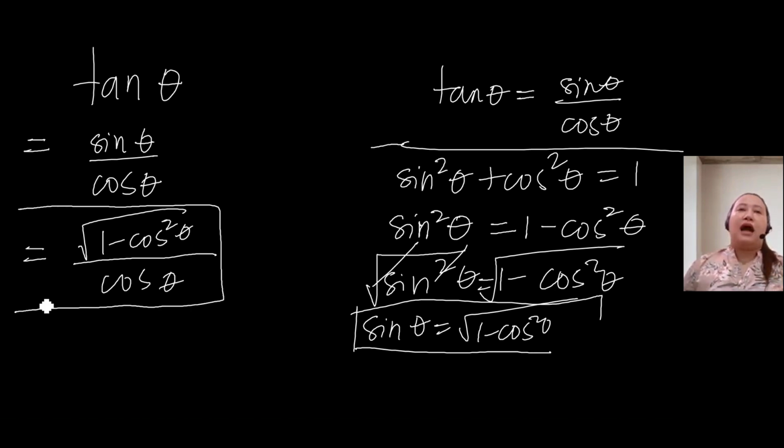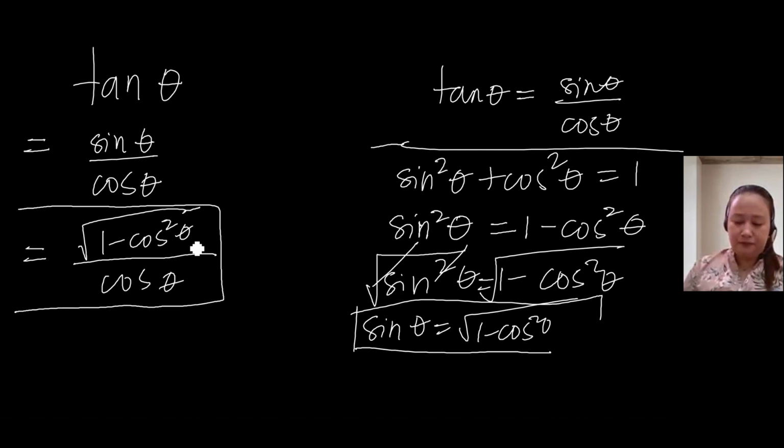Remember, your task is to express tangent theta in terms of cosine theta only, and in the final answer, no other trigonometric functions should be written other than cosine theta. It is okay if you have a radical, a fraction, an exponent, or a power.